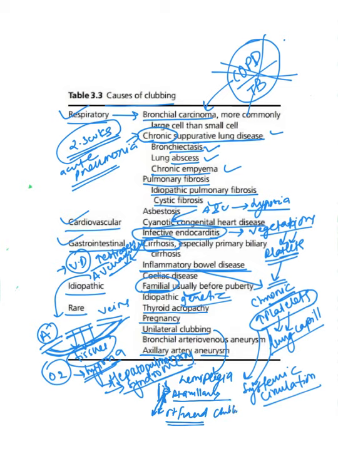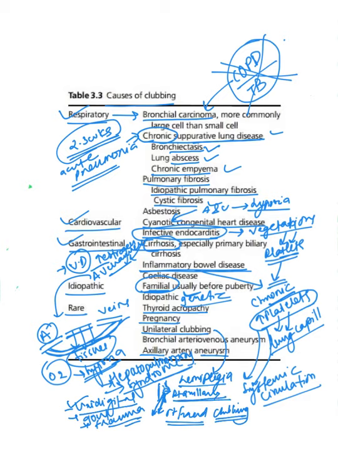So this can lead to unilateral clubbing. Can clubbing be unidigital, like only a single finger having clubbing? Yes, in case of gout or in case of trauma, even a single finger can have clubbing and the rest of the fingers can be normal. So clubbing can be unidigital, clubbing can be unilateral.